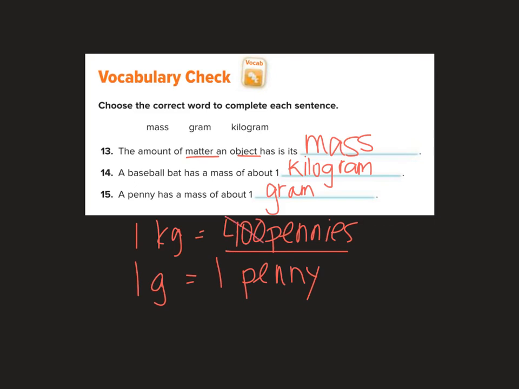I think they need to change this and say 1,000 pennies, because that's the rate: 1,000 grams fits into 1 kilogram. Do you see what I'm saying? Let's cross out that 400 and call it 1,000 pennies, because that's what it's got to be in order for 1 penny to be 1 gram.